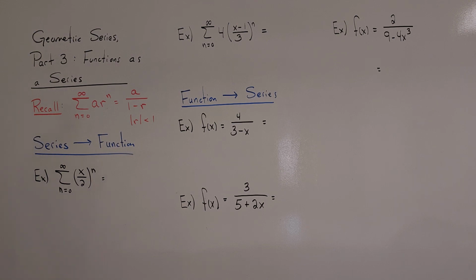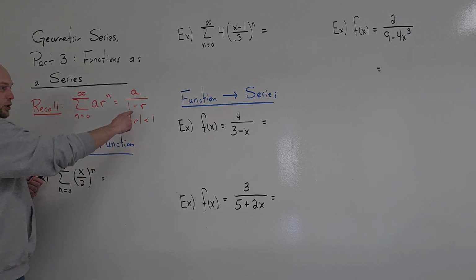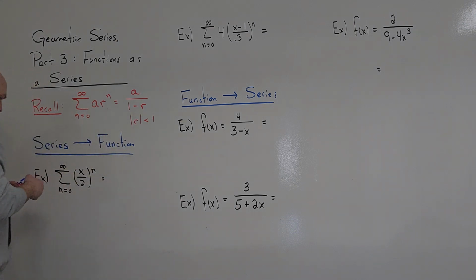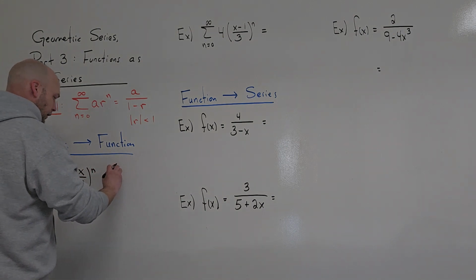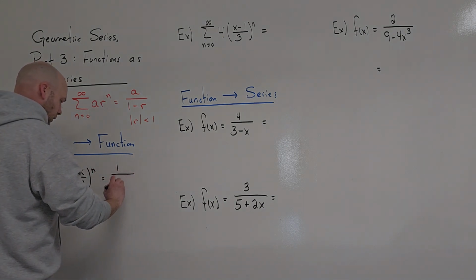First thing I'm going to do is look at how I change a series to a function. If I have a geometric series that has a variable in it, I'm going to treat this x over 2 as the value of r and just plug it into this formula right here. In this case, a is 1. This would give me 1 over 1 minus x over 2.